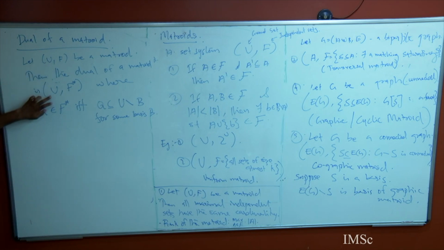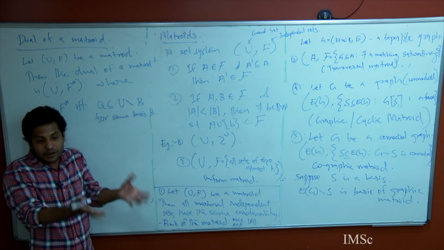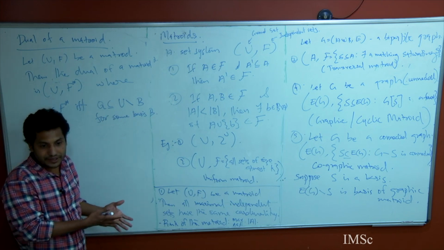So it has the same ground set, and which are the bases in F star? The bases in F star are the complements of the bases in F. So which means that any subset of the complement of some base is an independent set.